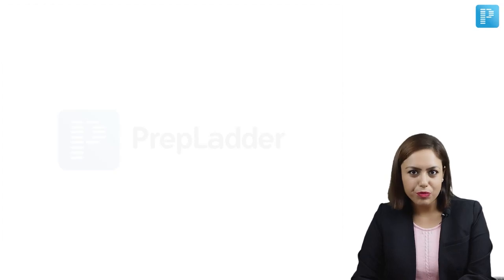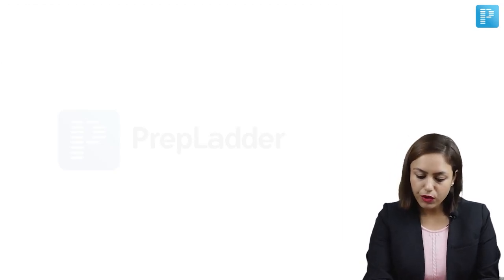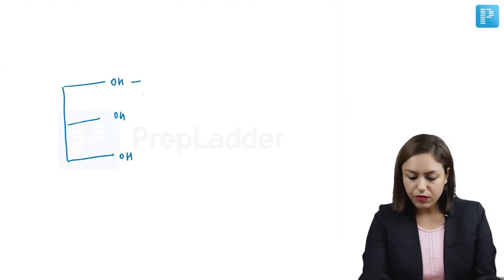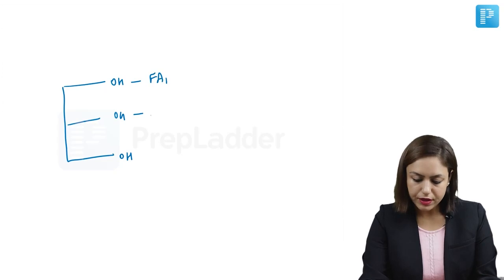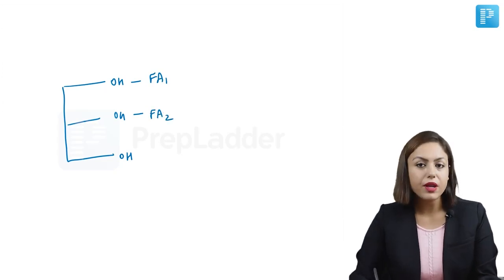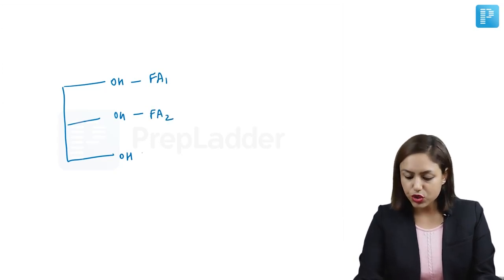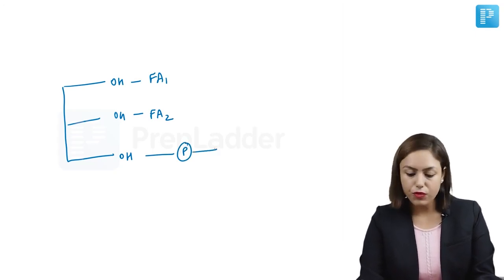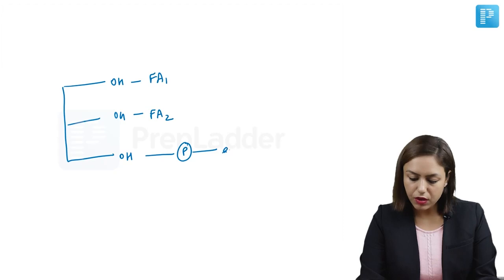Then coming to phospholipids. In case of phospholipids, we have glycerol, then two fatty acids attached, and at the third position there is phosphate attached. Always with the phosphate some side alcohol is attached.